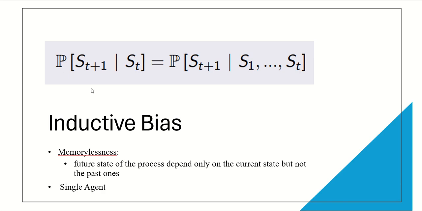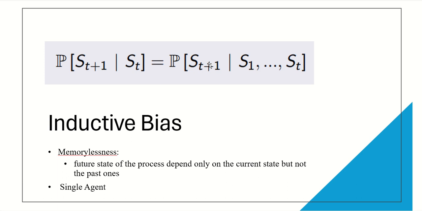But what are the assumptions? The biggest one is memorylessness, which means the future state doesn't depend on any state in the past. It only depends on the current state. This is the formula. We see these two sides, and on this side, we can see S1, S2, S3 to ST-1 exist, but they don't exist on this side, which means S1 to ST-1 don't decide ST plus 1.